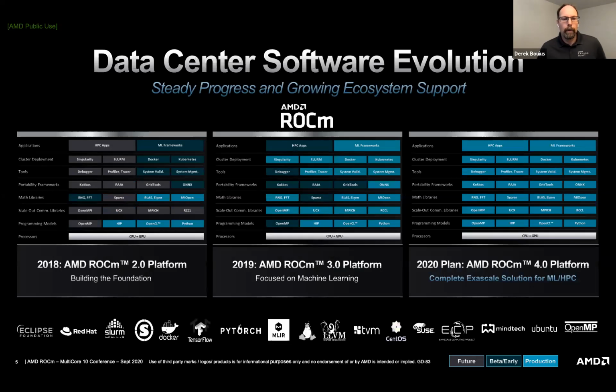Over the last few years, we've been building up this ecosystem. ROCm first started around 2015 and 2016. At Supercomputing in 2018, we launched our 2.0 platform, which had a pretty solid foundation of being able to do GPU compute problems. Over 2019, we spent more effort on ROCm 3.0, focused on machine learning and building out support for that infrastructure, those libraries.